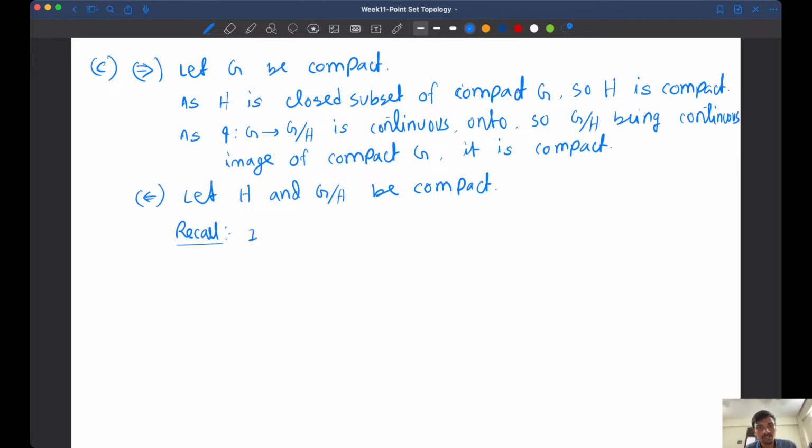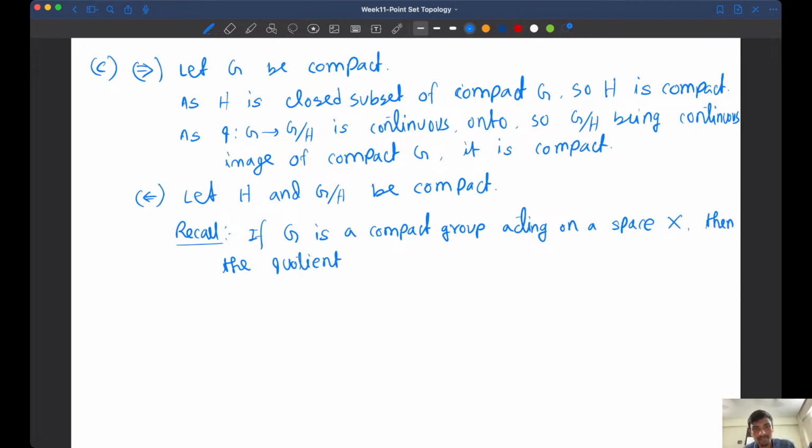If G is a compact group acting on a space X, then the quotient map Q from X to X mod G is closed.